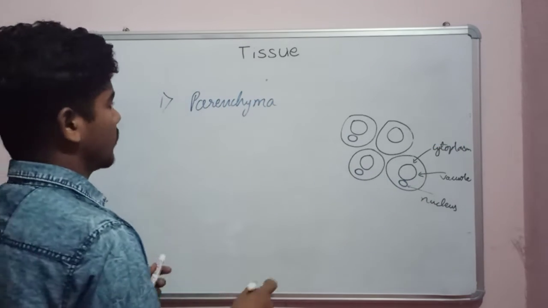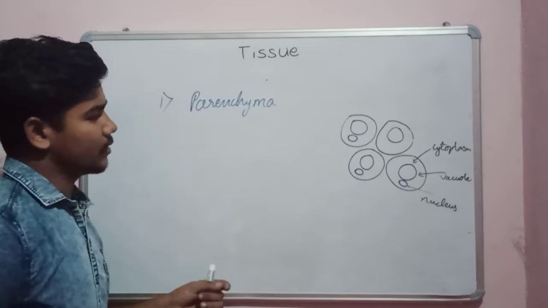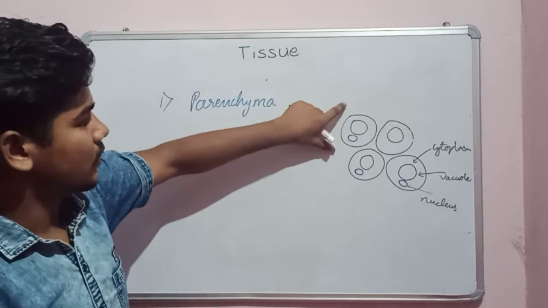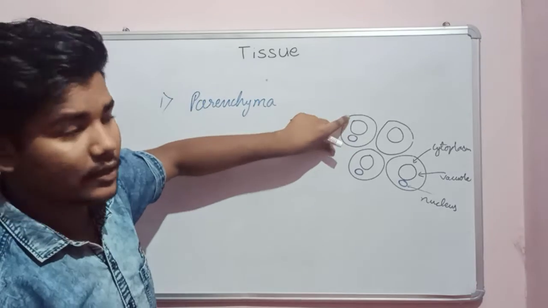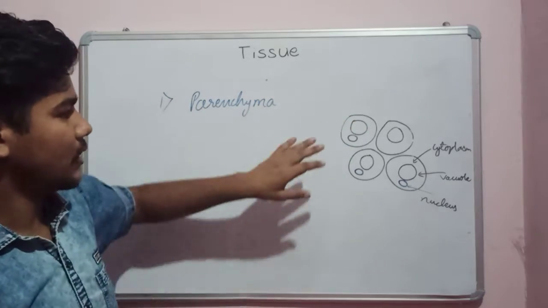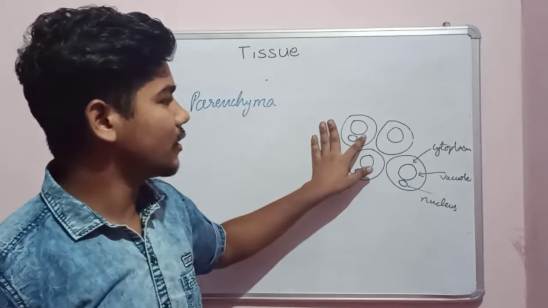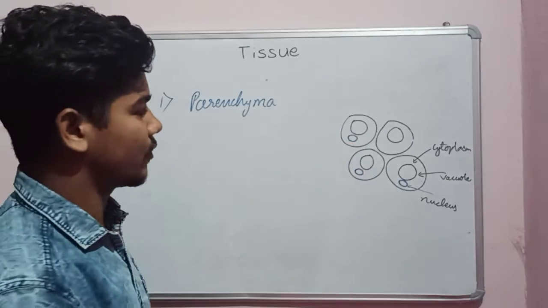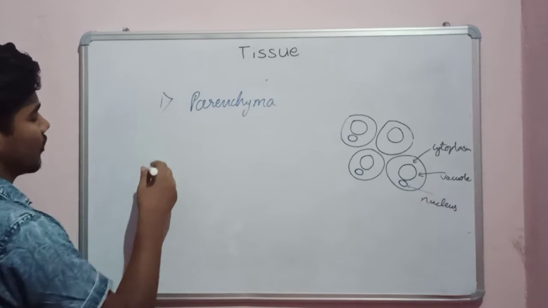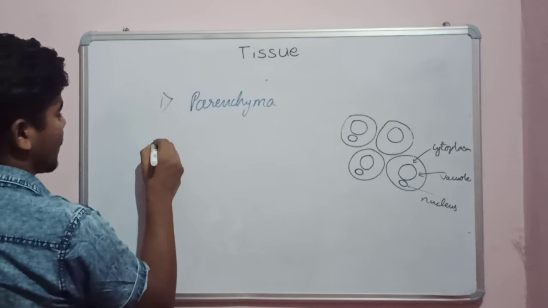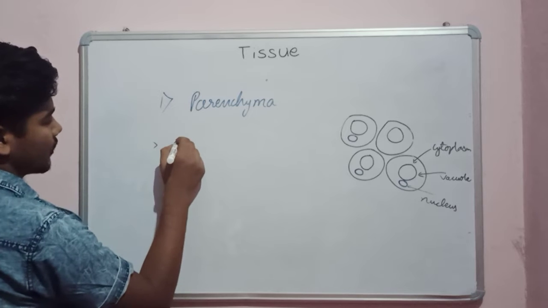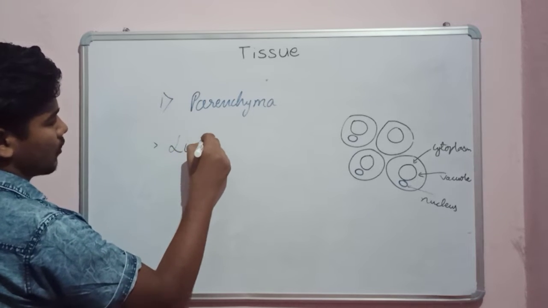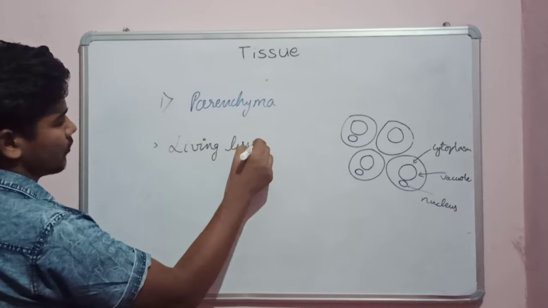So we can write, after seeing this diagram, that the cell wall is thin as drawn here in the diagram, and the vacuole is central and nucleus is peripheral. From this diagram we can write about parenchyma: first of all, we will write that it is a living tissue.